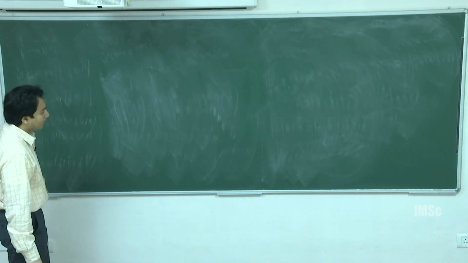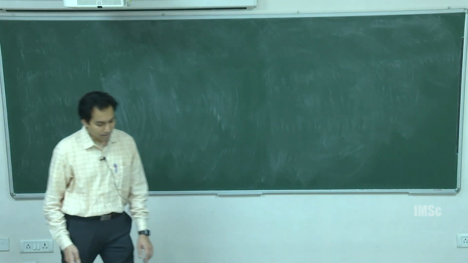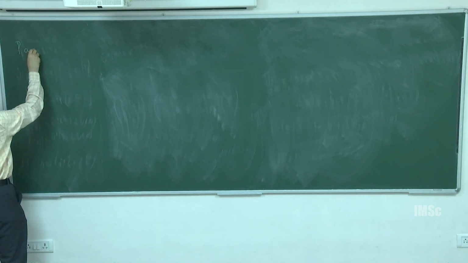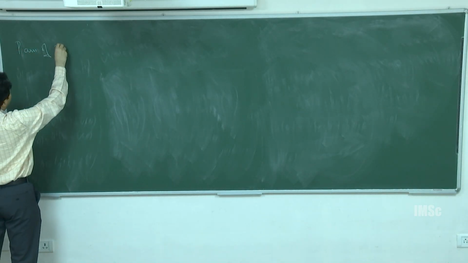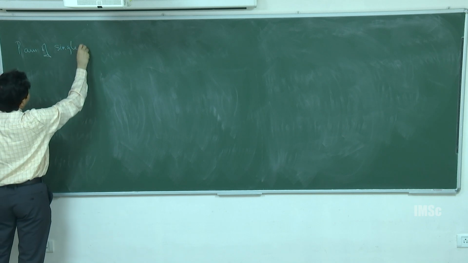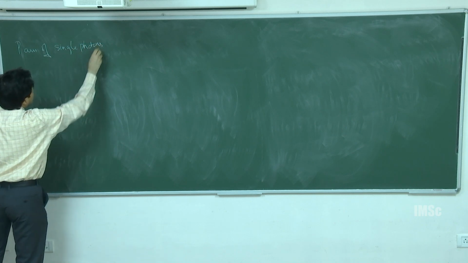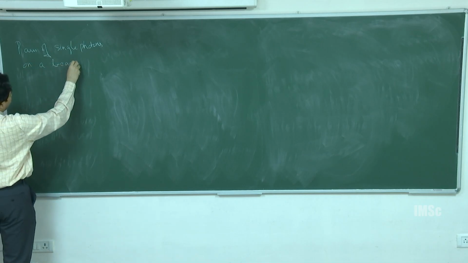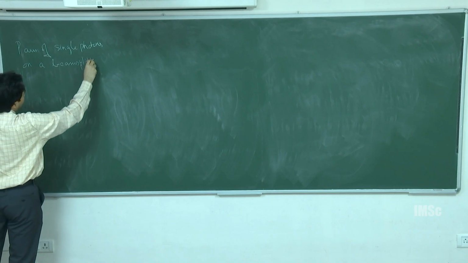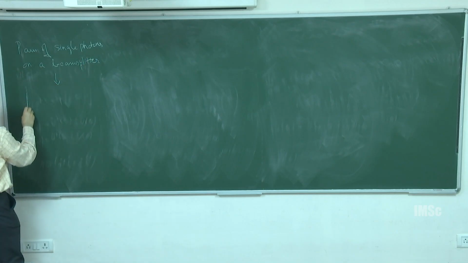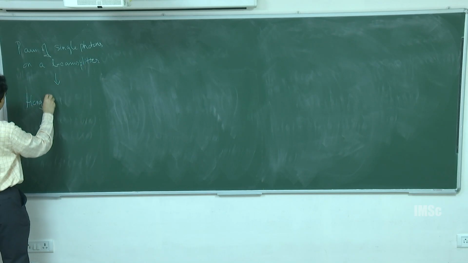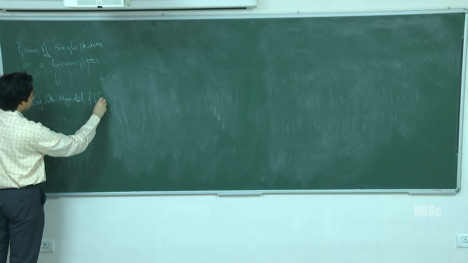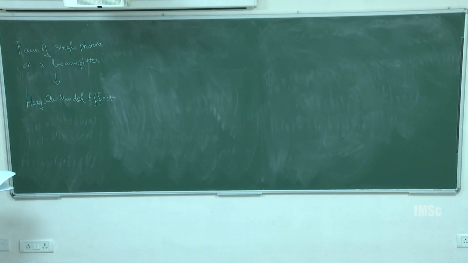So basically, it's pairs of single photons on a beam splitter. This is the Hong-Ou-Mandel effect.